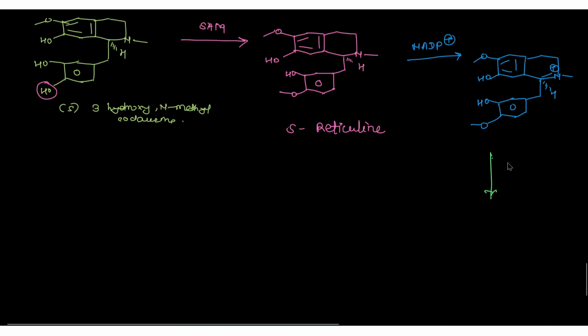In the next step, by using NADPH, reduction of the planar imine or iminium ion allows changing stereochemistry and we get R-reticuline.